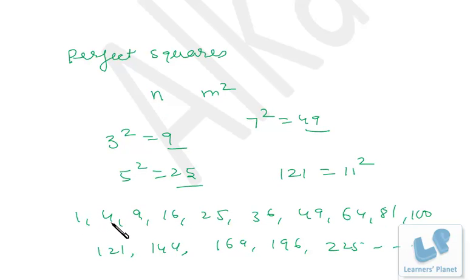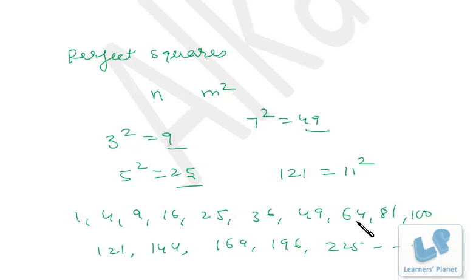The square root of 4 is 2. 2 square is 4. That means 4 is a perfect square number, because its square root is a natural number. You have to be very careful. The square root of 9 is 3, a natural number. That means 9 is a perfect square number. The square root of 16 is 4, a natural number. That means 16 is a perfect square number.